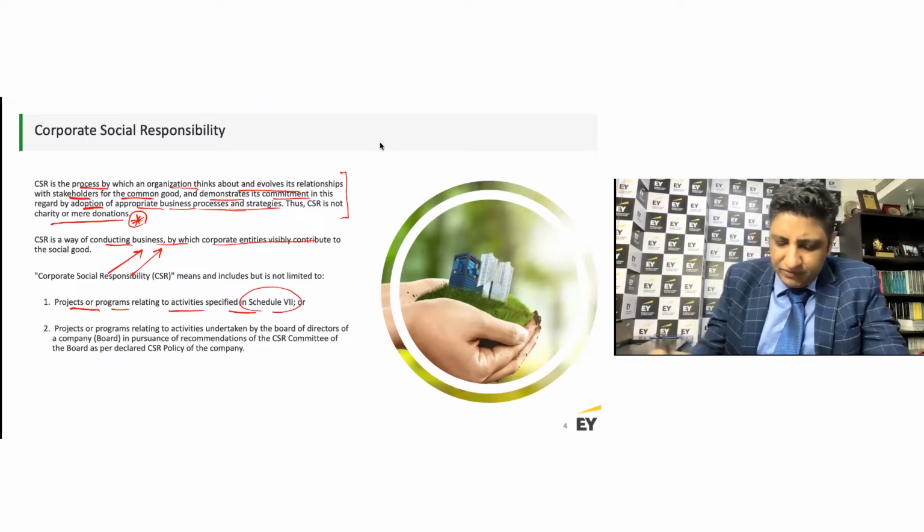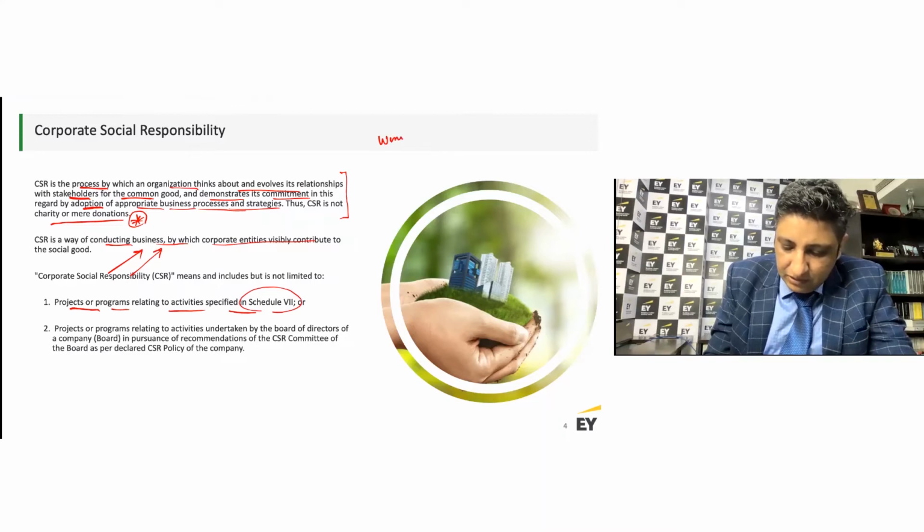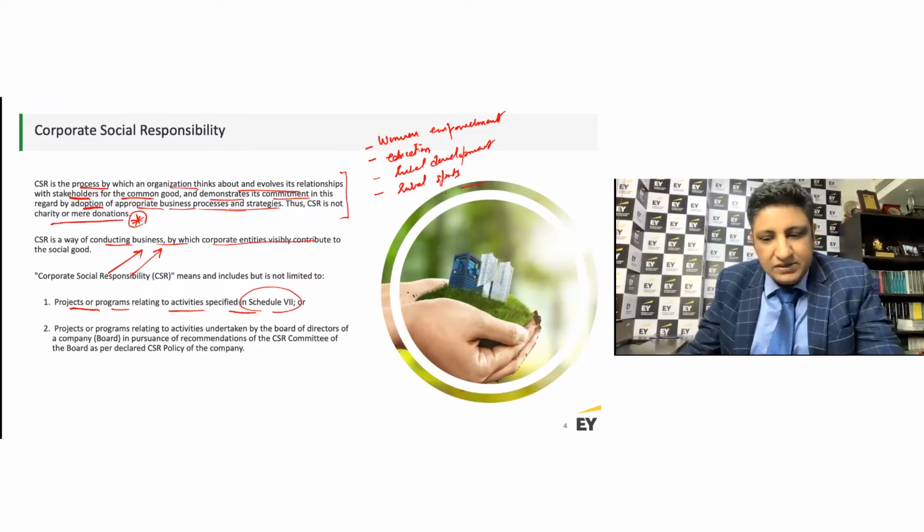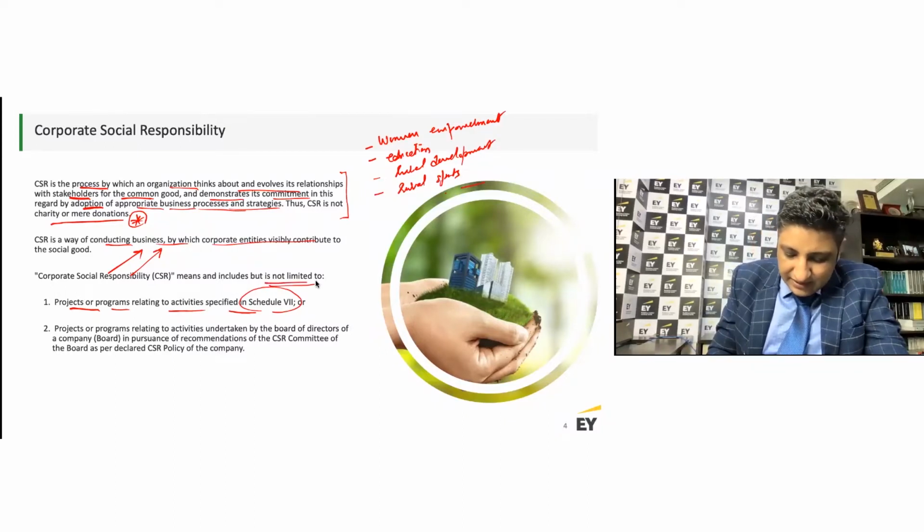There could be, of course, something on women empowerment, something on education, rural development, or rural sports, for example. There is a list of activities. There are 12 such activities, by the way, which are permissible. So CSR, as the statement suggests, is not just restricted to those.